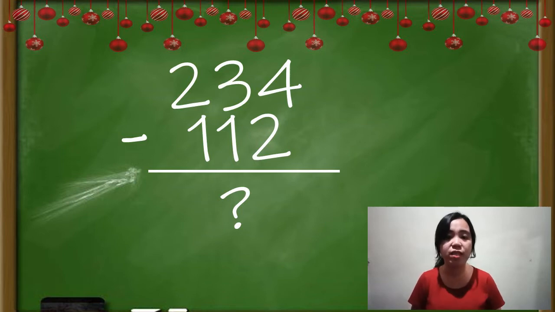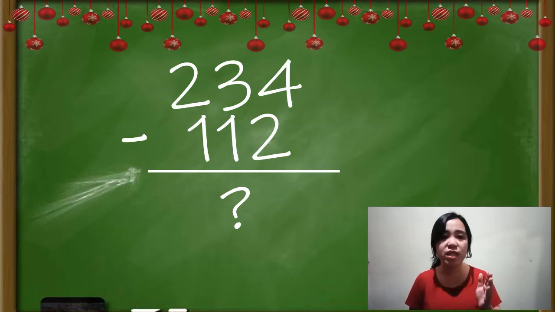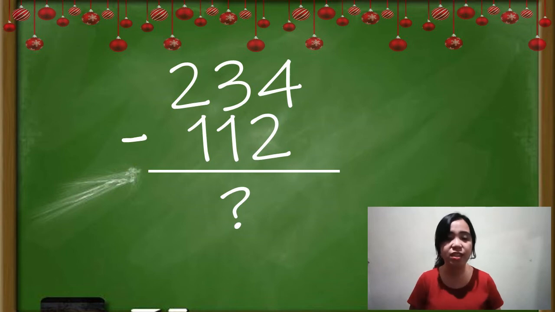234 minus 112 is equal to blank. As you can see, each value is aligned to each other: the ones, the tens, and the hundreds.